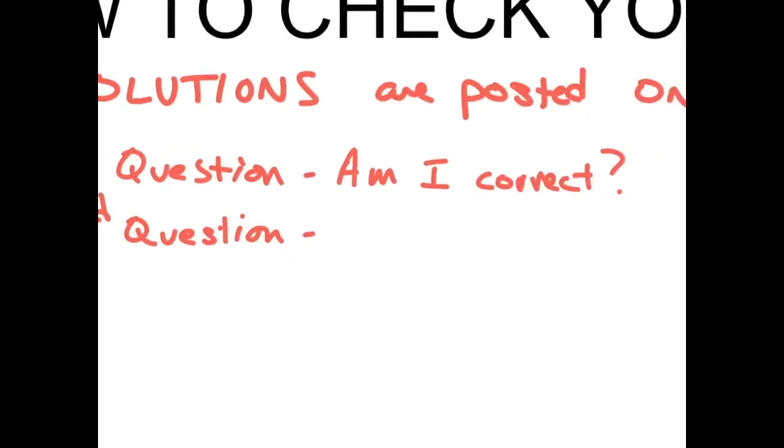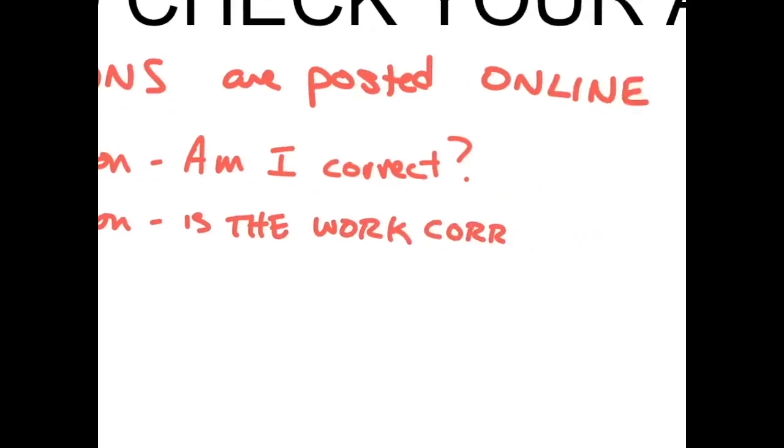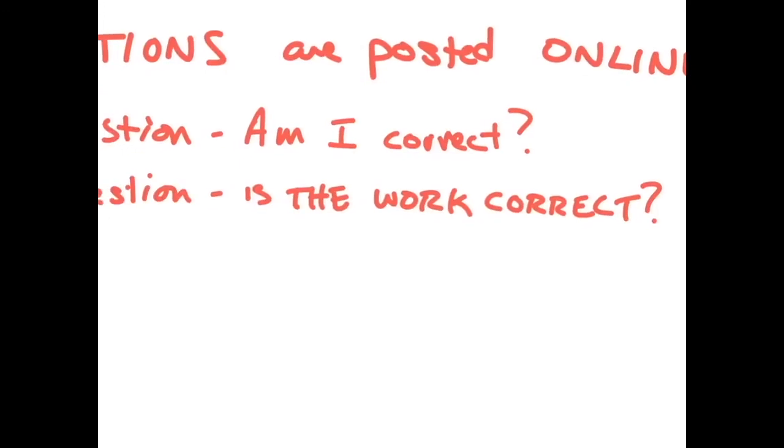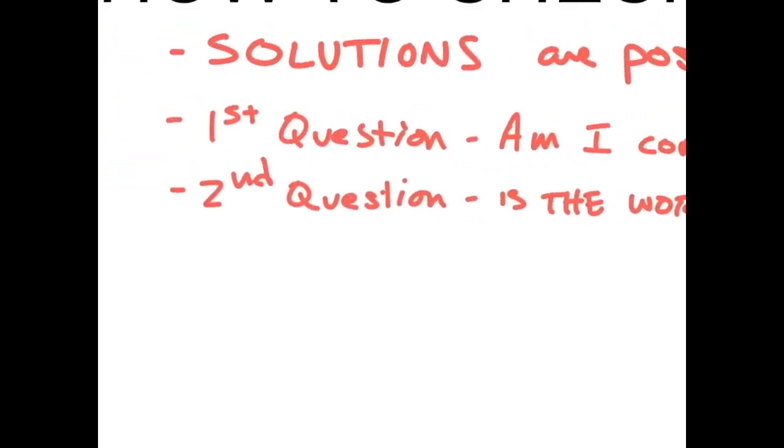Does the work that I have, or my logic, match what the teacher has? It's important that you get from point A to point B. Is your work logical? Is it correct?